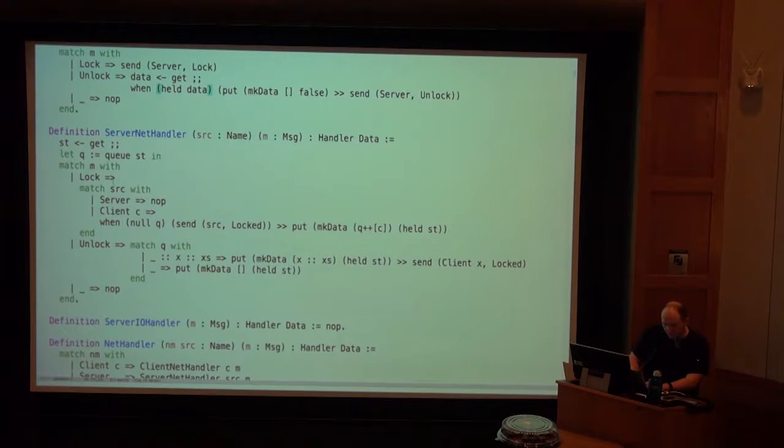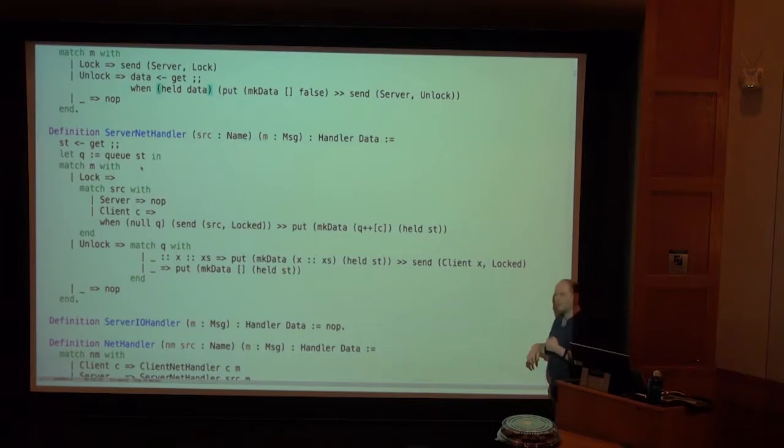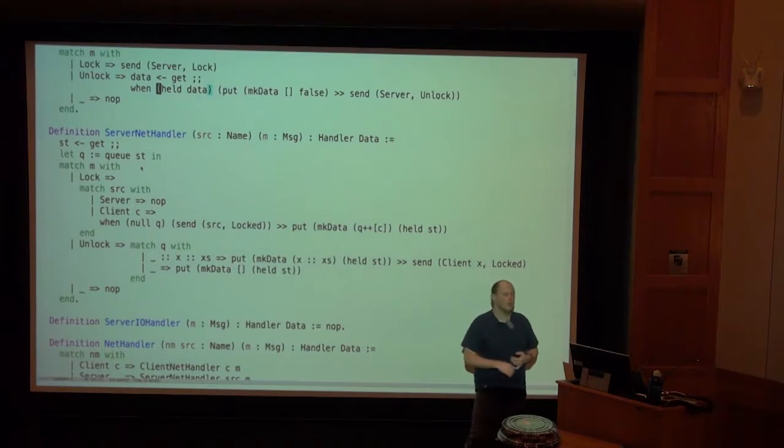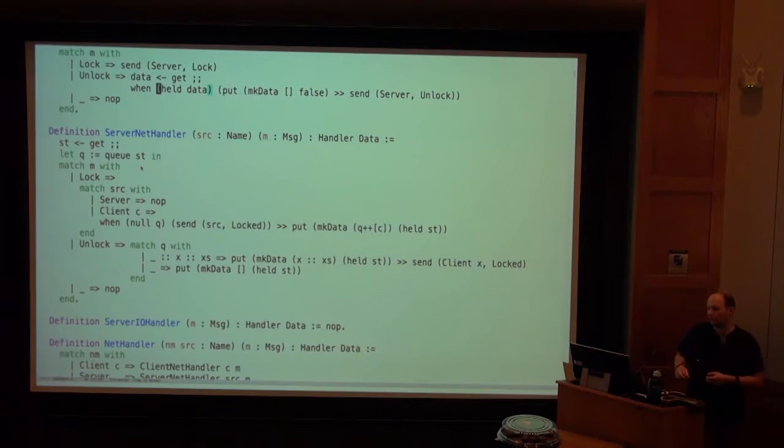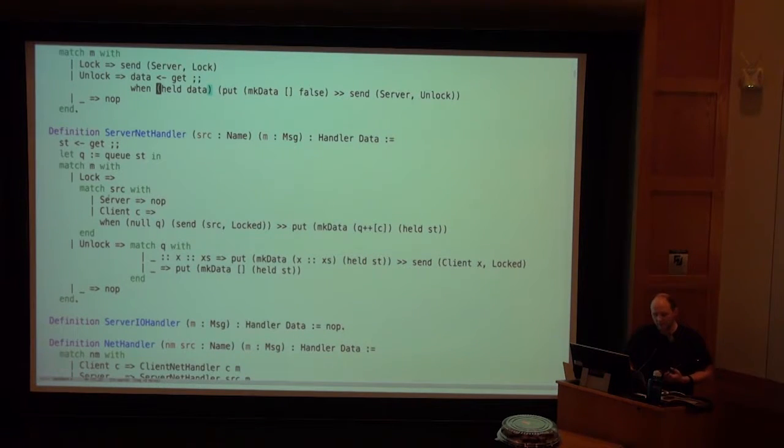It keeps a queue of current requests. Somebody might get a request from their external client to get the lock, but some other client has it. So they ask the server for it. If somebody else already has the lock, we add that request to the queue.